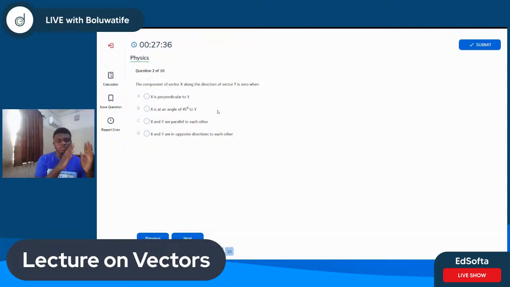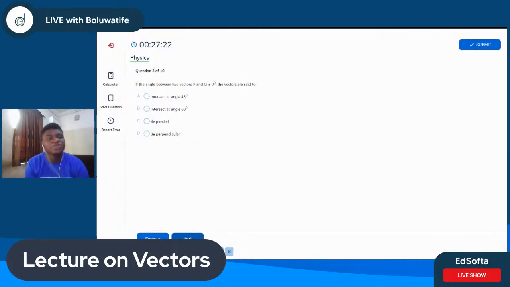So x does not have a horizontal component and y does not have a vertical component, which means along each other's direction they would be 0, because they don't have those respective components. Okay, if the angle between two vectors P and Q is 0 degrees, normal geometry solves this. If there is no angle between two lines, those lines never meet, and the only obvious reason is that they are parallel. Parallel lines never meet. So the answer here is parallel.